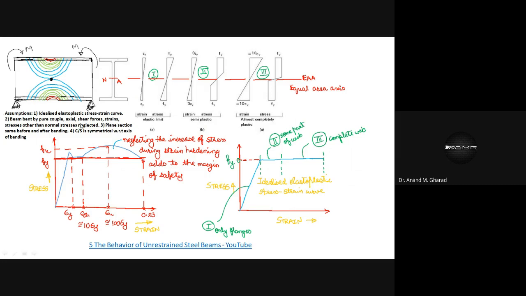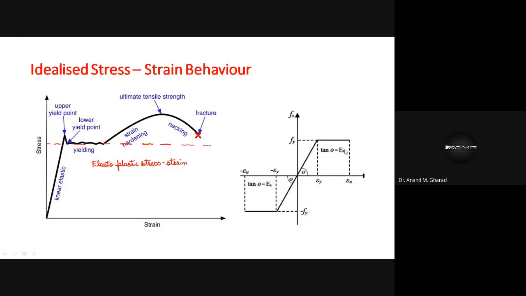What I will do is I will assume a few things. The first assumption is that for this given beam, the idealized elastoplastic stress strain curve is developed, or I will consider the idealized elastoplastic stress strain curve in order to study the overall behavior. That means I will be applying this concept.